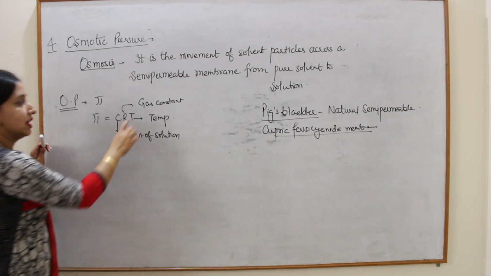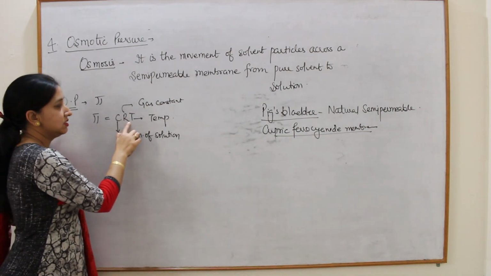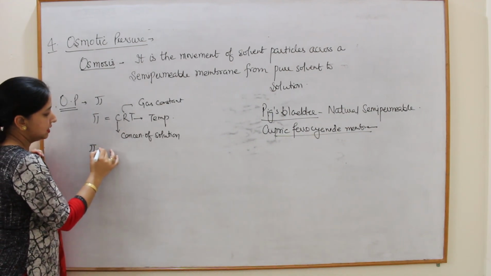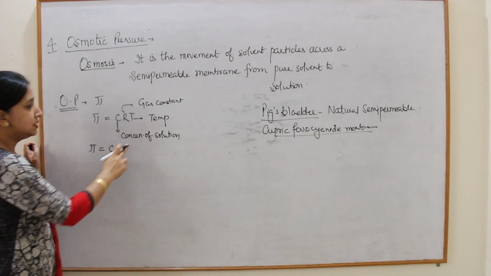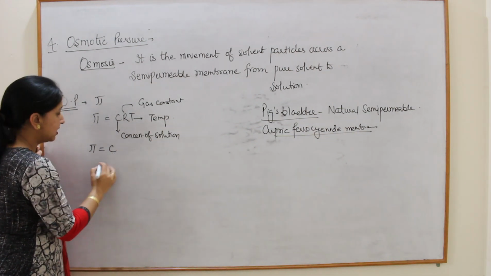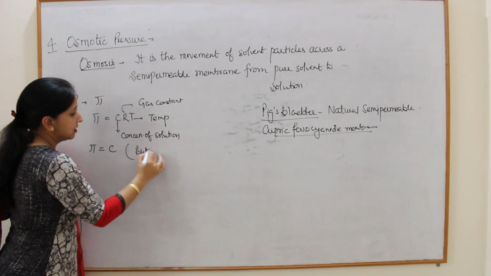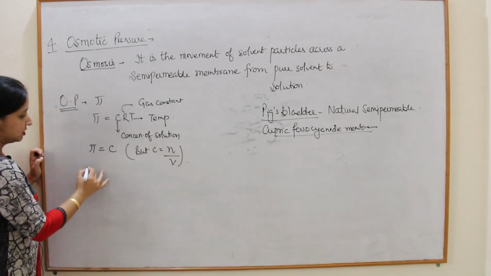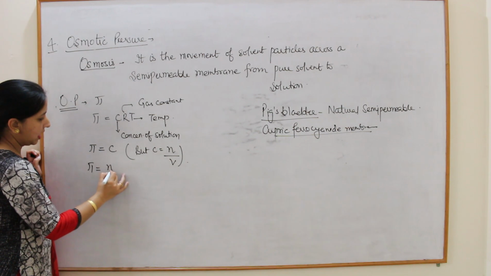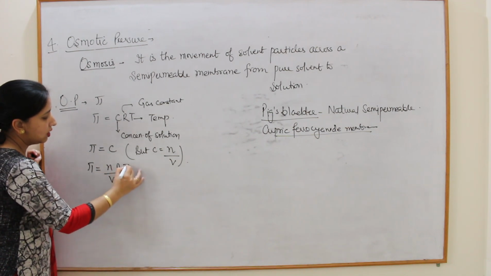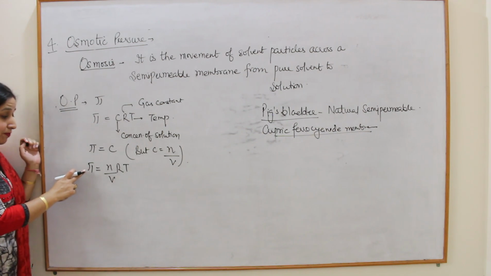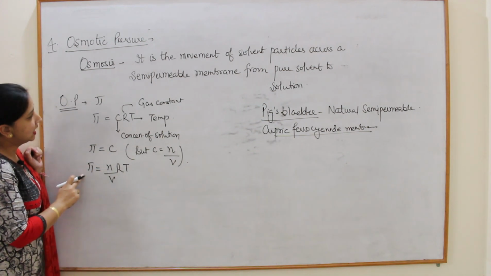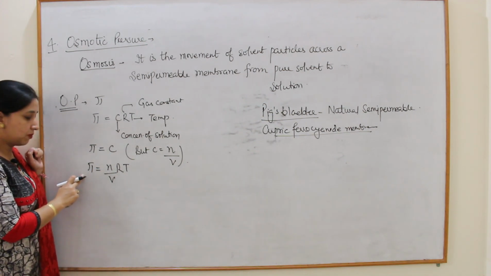And we know the gas constant is a constant and temperature for a particular process is also constant. So pi is dependent upon C. C means concentration, which means number of moles per liter volume. So pi can be written as n upon V into RT. So pi is dependent upon the number of moles. So again it is a colligative property.